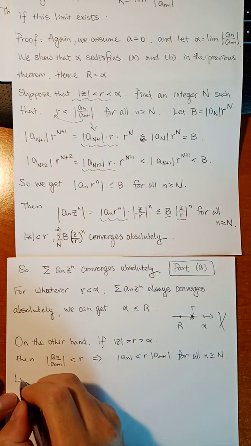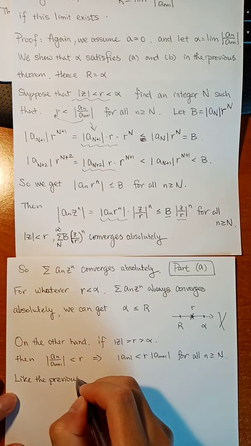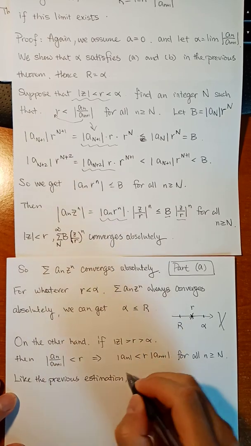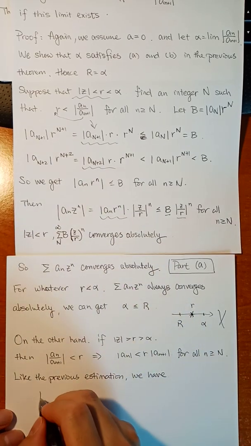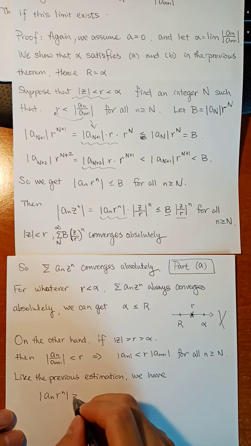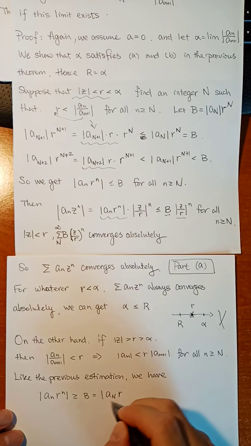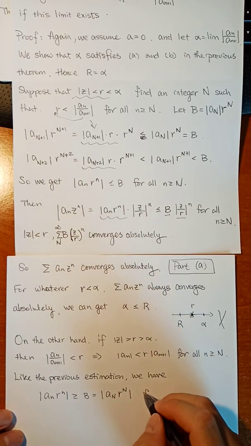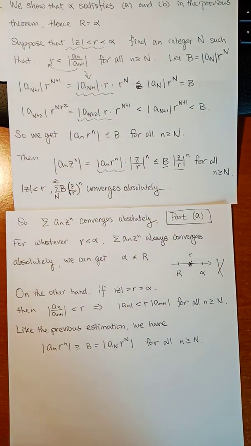Like the previous estimation, we have the upper value of a_n r^n is going to be greater than or equal to b, where this b is the upper value of a_N r^N, for all n greater than or equal to capital N. See it?